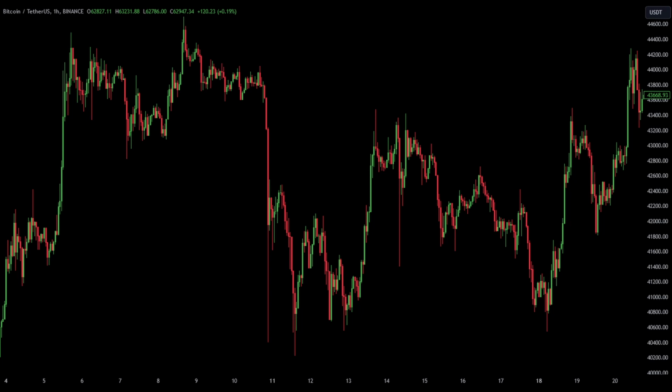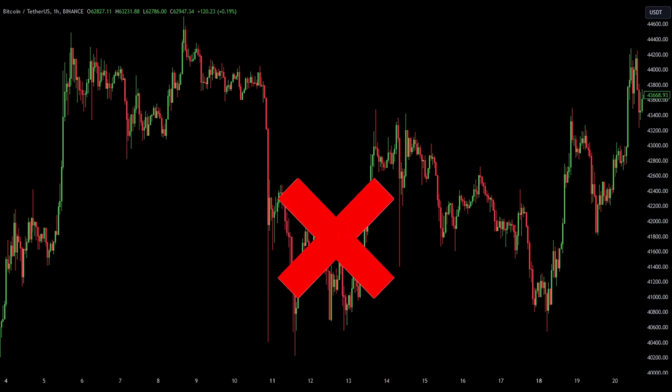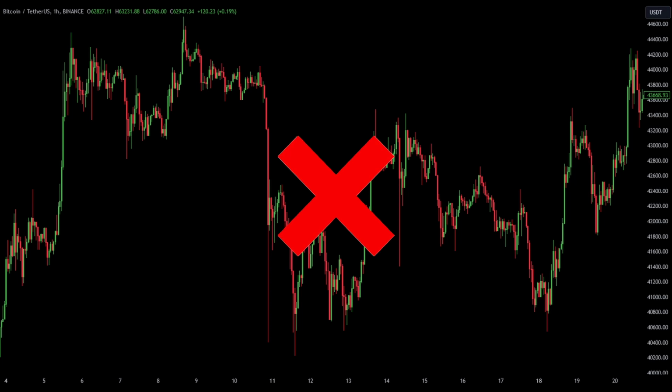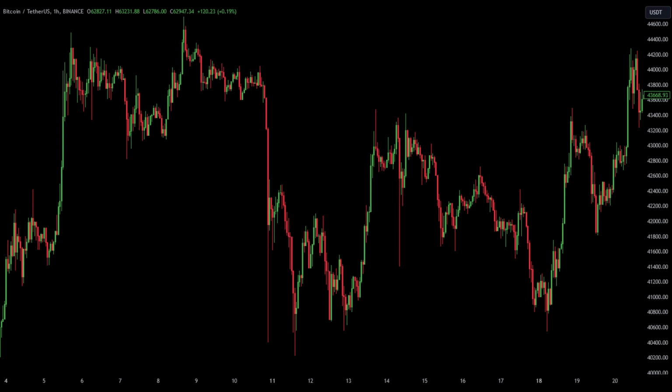So, sometimes support and resistance doesn't always work by itself. For this reason, you just can't use support and resistance alone in trading. You must use other factors of technical analysis on top of support and resistance. So, I'm going to show you an example of support and resistance not working all the time.